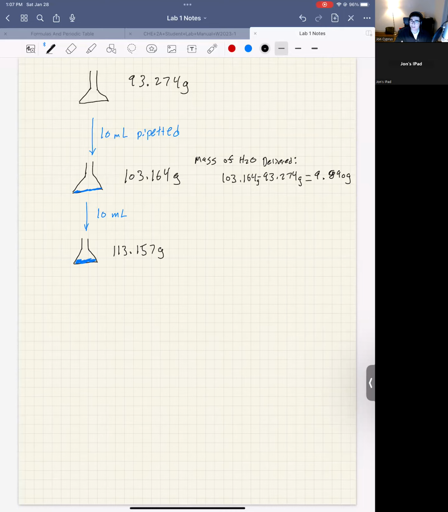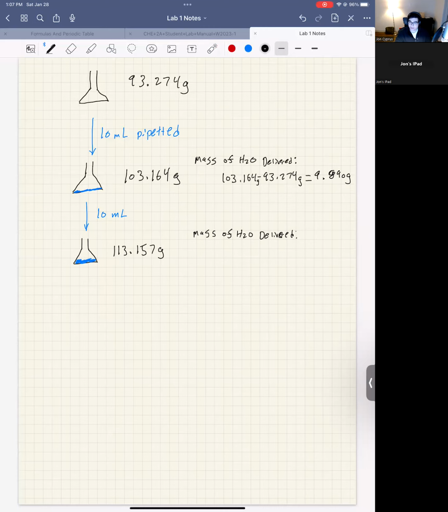Now to find the weight delivered in this step, you take the difference between these two flasks. You're adding the water. You don't want to account for all the water. You just want to account for how much water was added in that one trial.